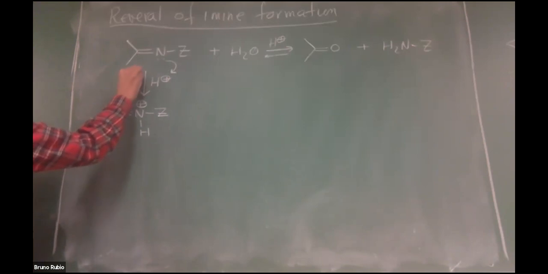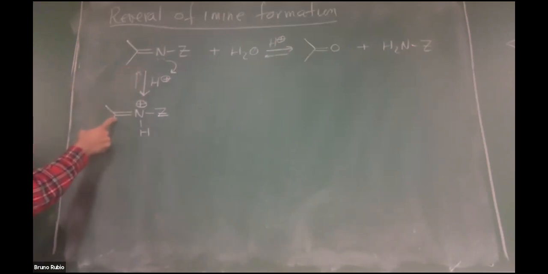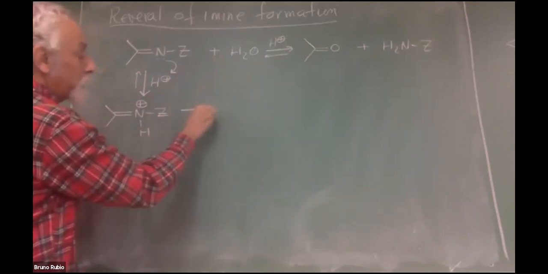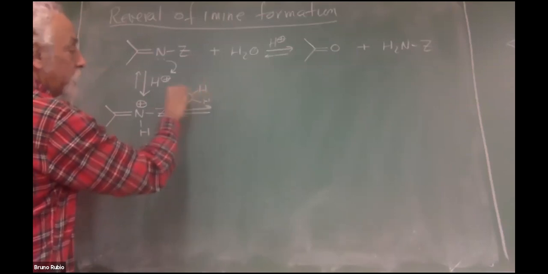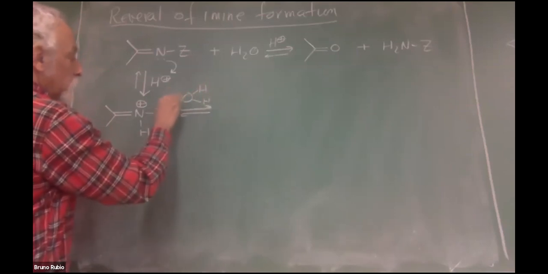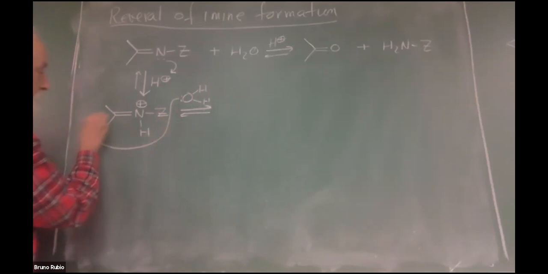And again, I'm putting a positive charge on that nitrogen because nitrogen has a positive charge when it has 4 bonds. Then what do we do? We attack the carbonyl, we attack the imine carbon with the nucleophile. And what's the nucleophile? Water. Water has this electron-rich oxygen atom. So the oxygen comes in and it attacks the imine carbon.